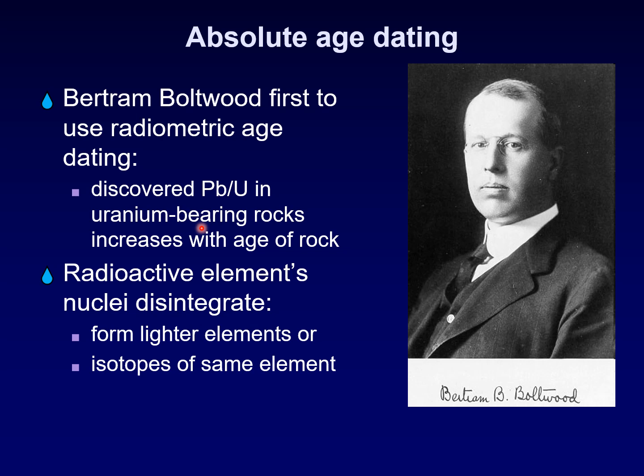That makes them unstable, and so in order to reach a state of equilibrium where those elements are happy, their nuclei will often disintegrate to form lighter elements. Or sometimes they'll disintegrate to form isotopes of the same element that have less nuclear material. So usually this is a neutron that would disintegrate and remain the same element but be a lighter version. Think like what we talked about with oxygen-18 and oxygen-16, something like that.